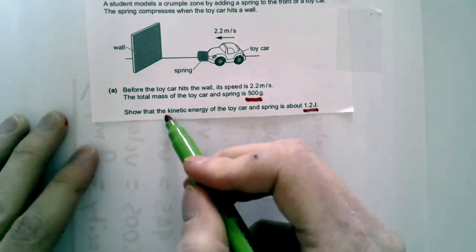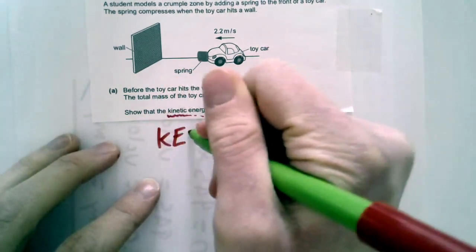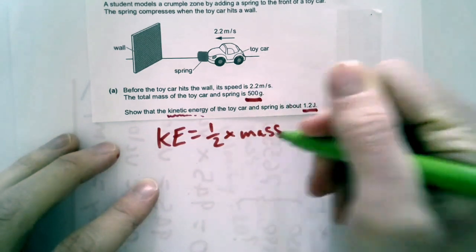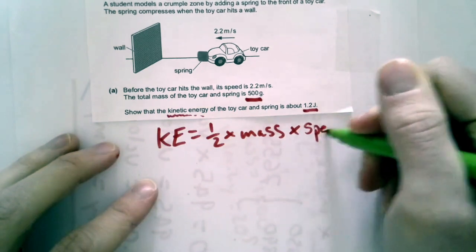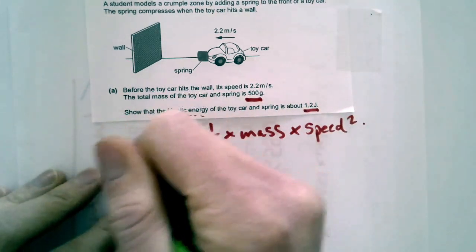So it tells you kinetic energy, so you should immediately be thinking kinetic energy, a half times mass times speed times velocity squared. And then go through it just as normal.